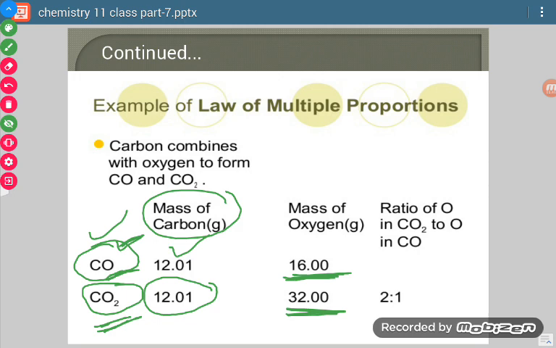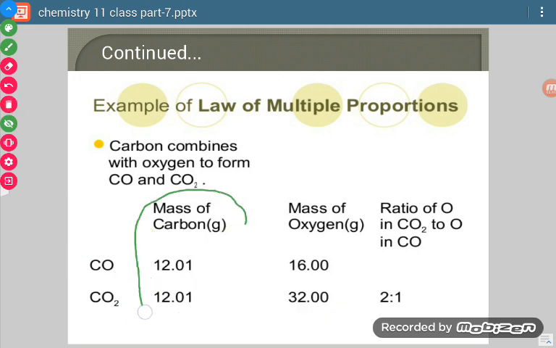Now suppose we fixed the mass of carbon and the fixed mass is 12, then what is the mass of oxygen which will combine with this fixed mass? In case of CO it will be 16. In case of CO2 it will be 32.